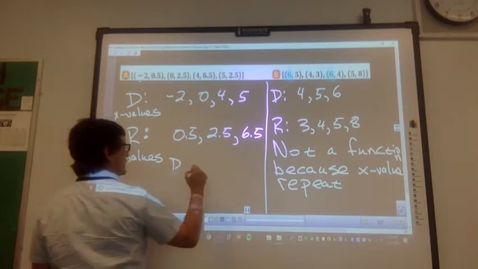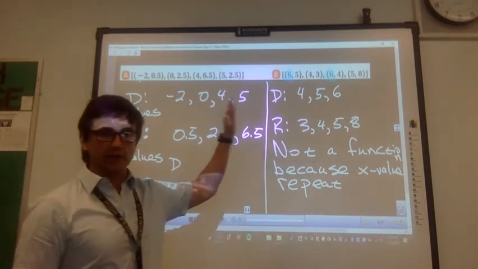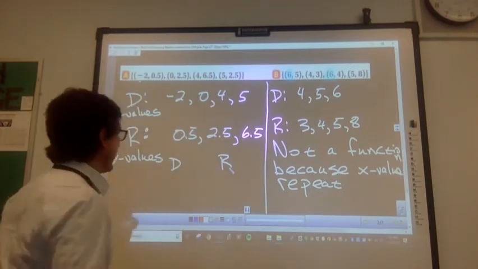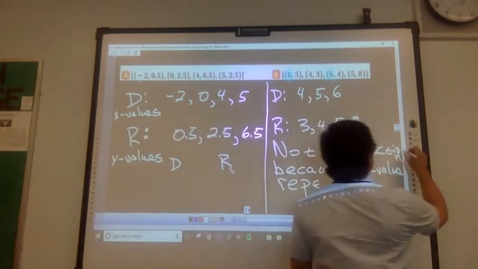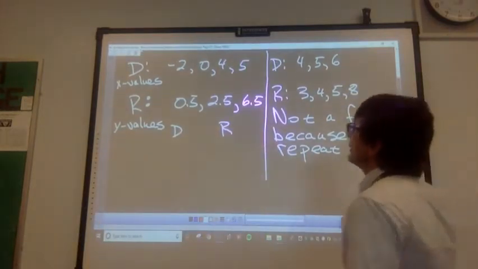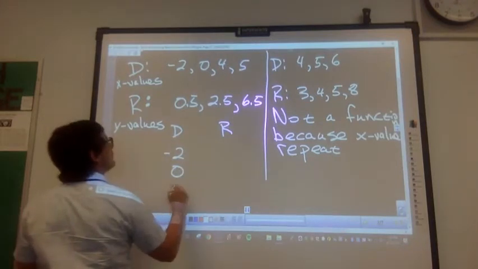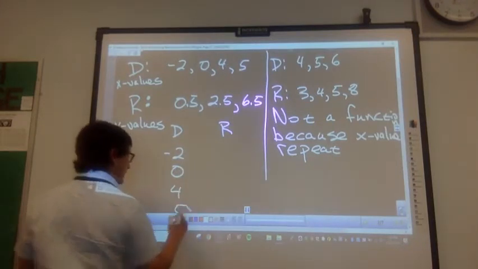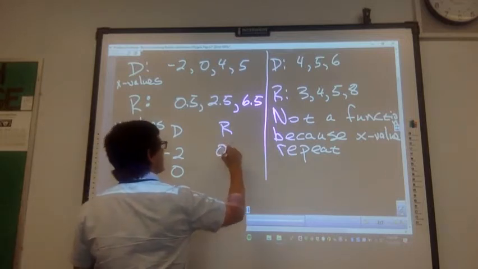So we're going to list domain and range. Instead of horizontally, we're going to list it vertically, up and down. So domain for this one is -2, 0, 4, and 5. And for range is 0.5.